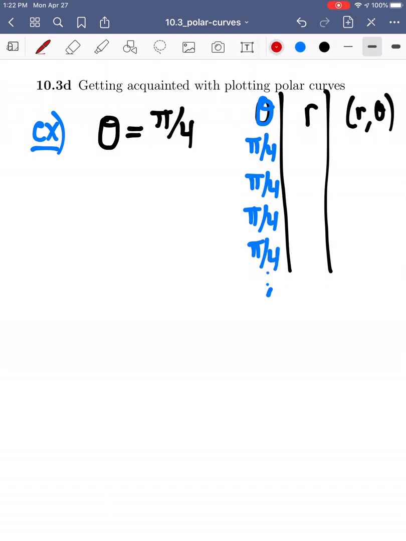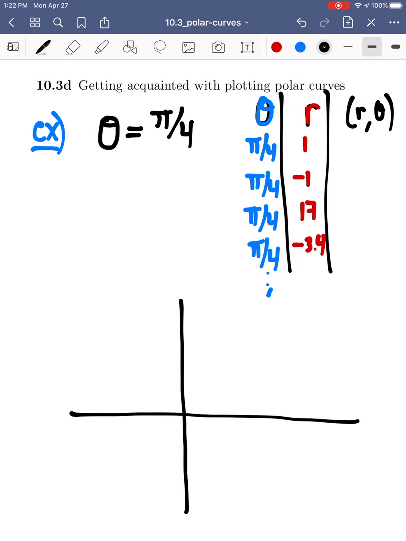We're not actually told in this example what r is. For all we know, r could equal 1. R could equal negative 1. R could equal 17. R could equal negative 3.4. We're not told what r is in this case. We're just told we're always at an angle of pi over 4.